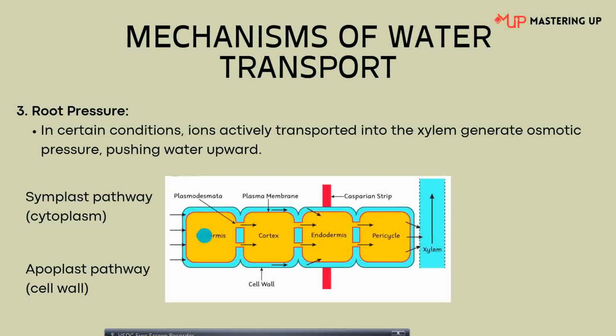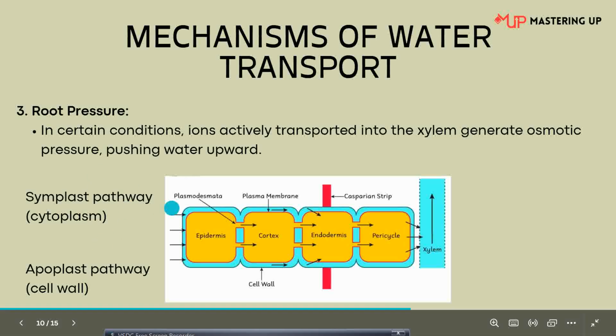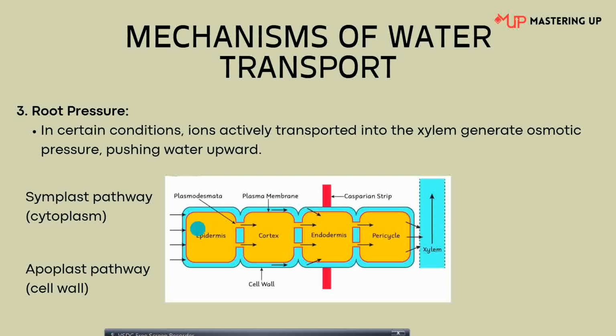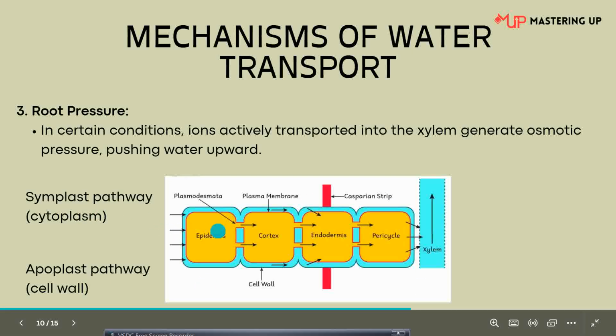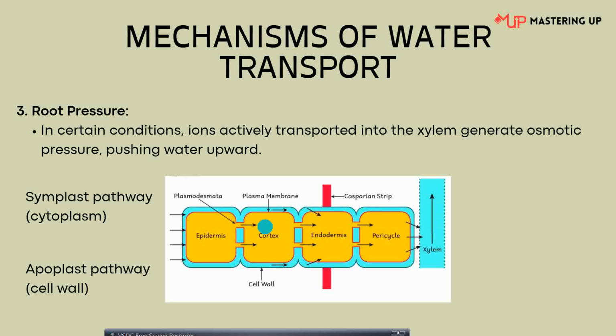In the symplast pathway, water enters the epidermis, the root hair, then through the plasmodesmata it goes to the cortex, again through the plasmodesmata to the endodermis, then the pericycle, and from the pericycle it enters the xylem vessel.